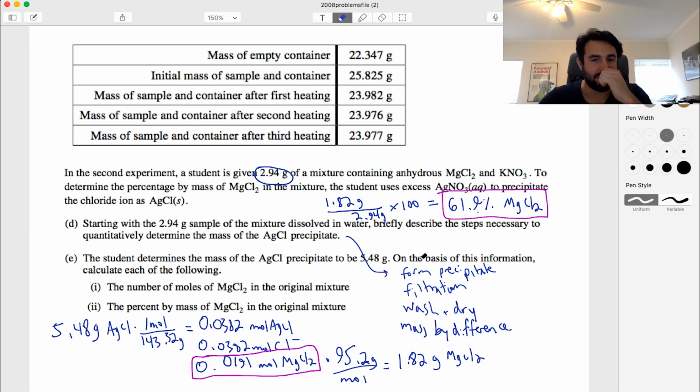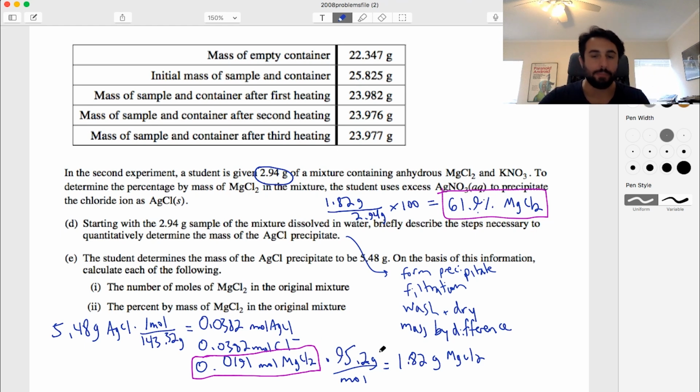So we're understanding that we're adding silver nitrate to provide the silver ion required for AgCl, silver chloride, to precipitate. We get the mass of the silver chloride precipitate, and then from there we get the moles of silver chloride, the moles of chloride, and then the moles of magnesium chloride that must have produced all of those chloride ions in the silver chloride precipitate.